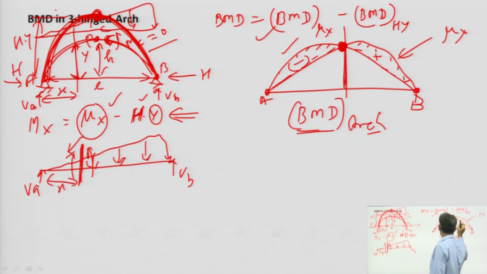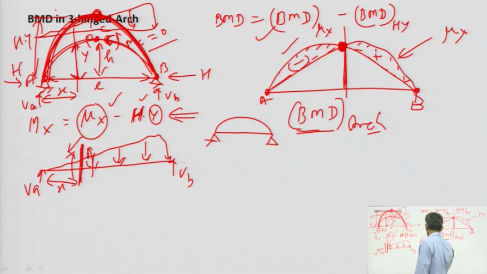since we have positive and negative, what is the meaning of positive and negative? If this arch is loaded, say for example a point load here, it is going to deflect in this manner.